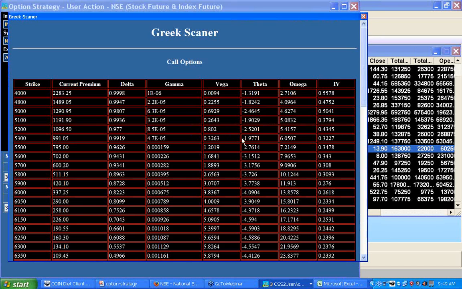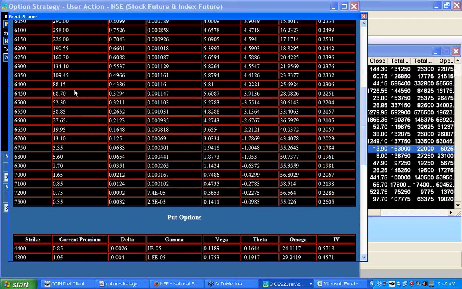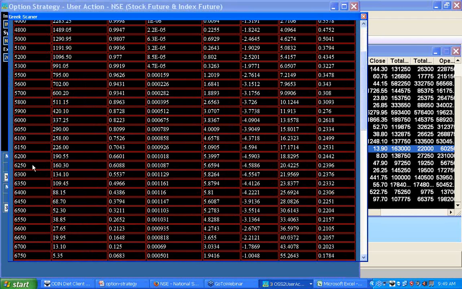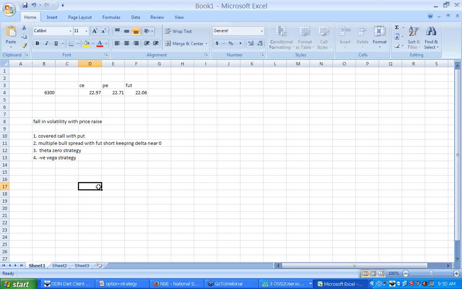It is better if I investigate the Greek. So I'll scan the Greek. So how many times will I be doing this? So I need the delta of the 6400 call option, which is 0.4386. I need this one also, 0.3794. So these are the Greeks. Go back to the Excel.